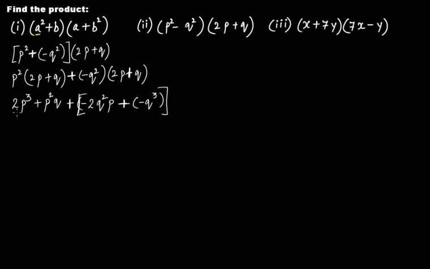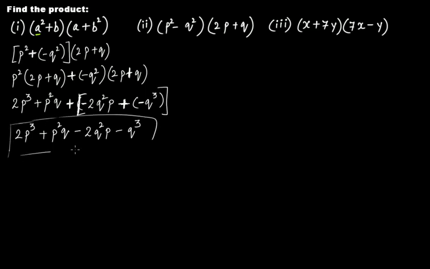Now this is 2p cubed, this is p squared q, then here you have plus sign, within the bracket is minus, so this is minus 2q squared p, here you have plus sign, this is minus sign, if you open the bracket you will get minus q cubed. Okay, so this is your answer for the second one.